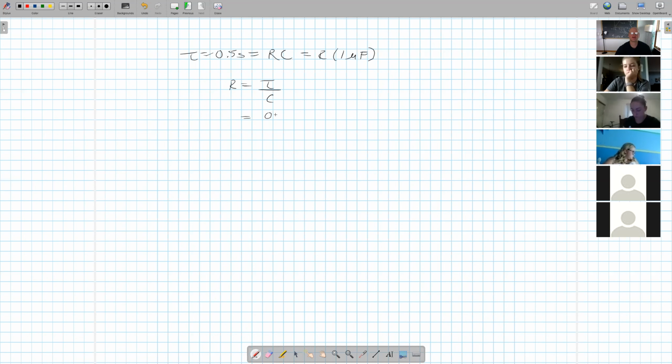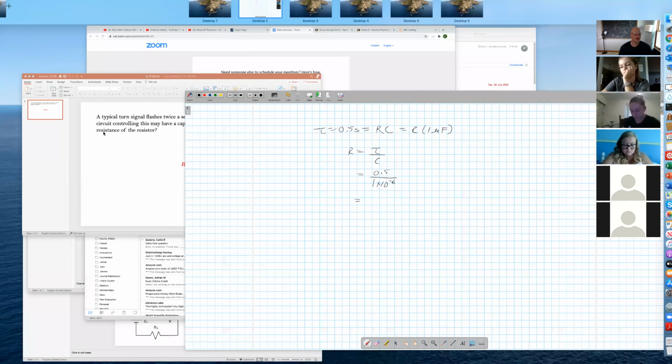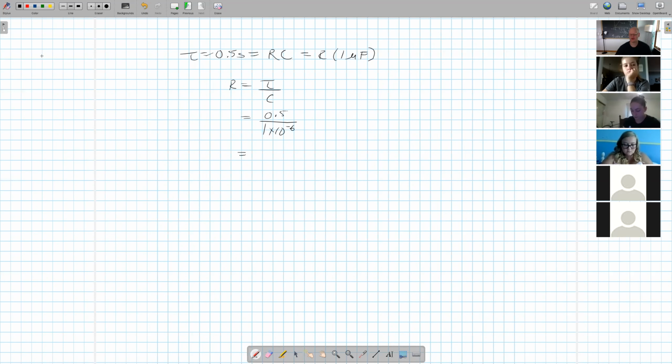That's going to be 0.5 seconds divided by 1 times 10 to the minus 6. So that's equal to 500 kilo ohms, which is the same thing as 0.5 mega ohms. Either one is fine.